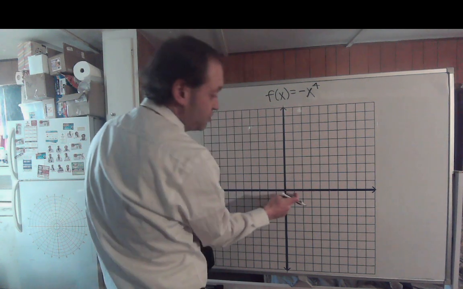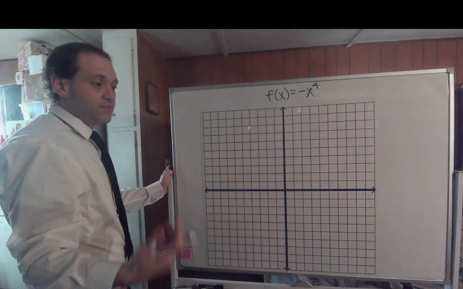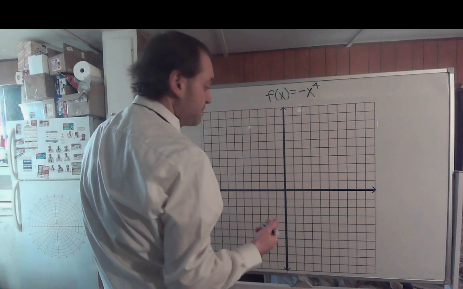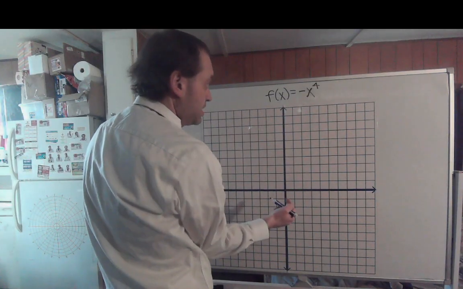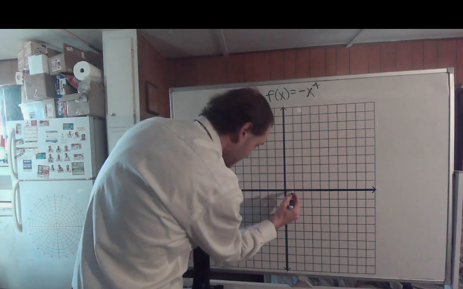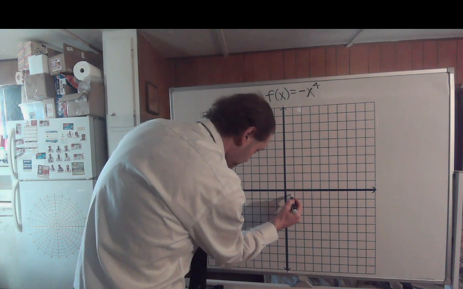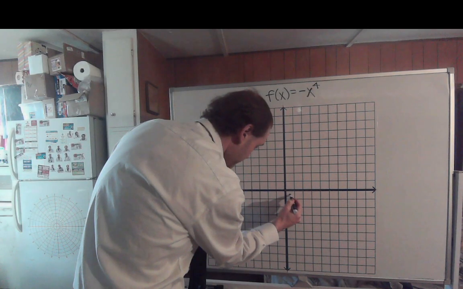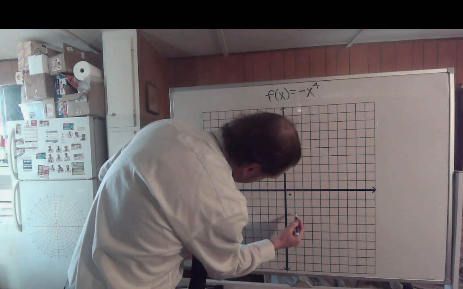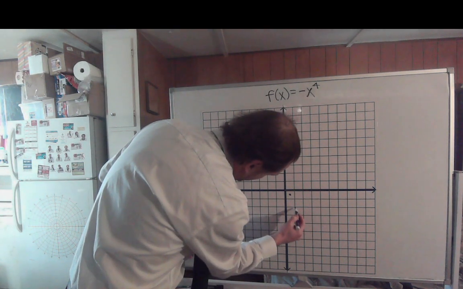And one of these units will be worth 2 units, for the sake of graphing. If I put in positive 1 to the 4th, that would give me 1, and then I negate that, I'll actually end up getting negative 1. So there's 1, negative 1. If I put in positive 2, I should get negative 16.